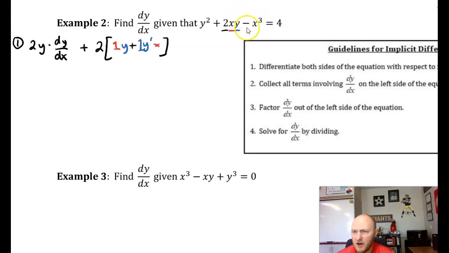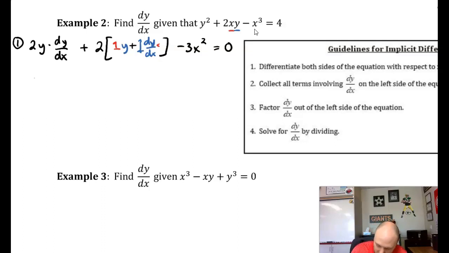And then the derivative of negative x cubed is negative 3x squared, equal to the derivative of 4, which is 0. Okay, let me clean this up really quickly. Oh, actually I forgot to put that in terms of dy dx, and that was a 1.